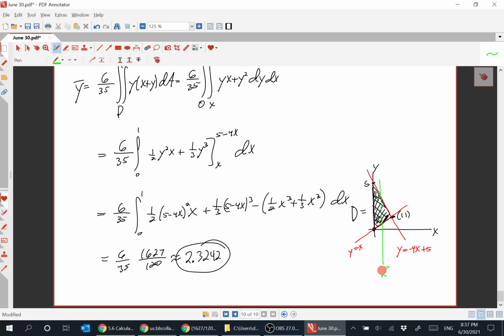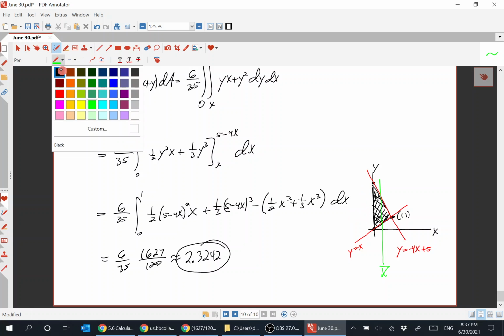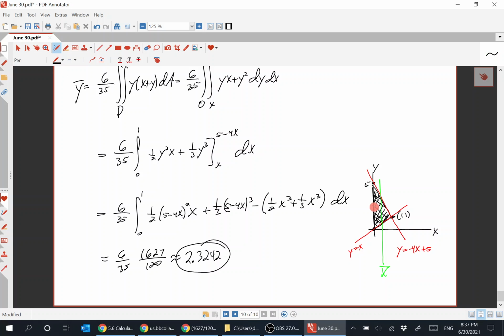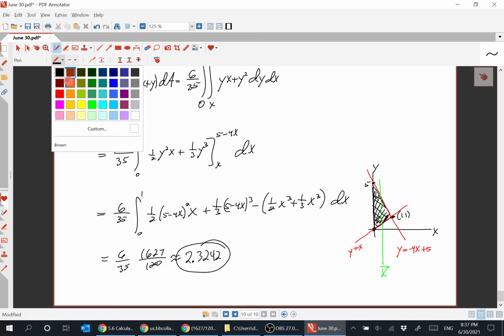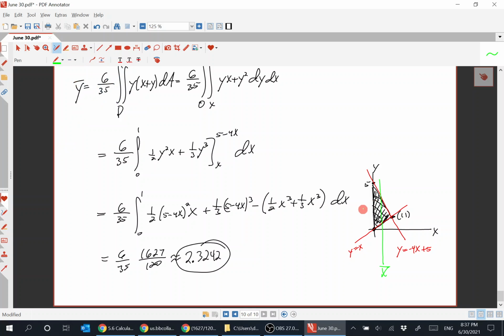So that's the x bar, and then the y bar is 2.3, so about halfway down, a little bit more down. So actually this is 2. So it's like right here. Right, so that's the center of mass.